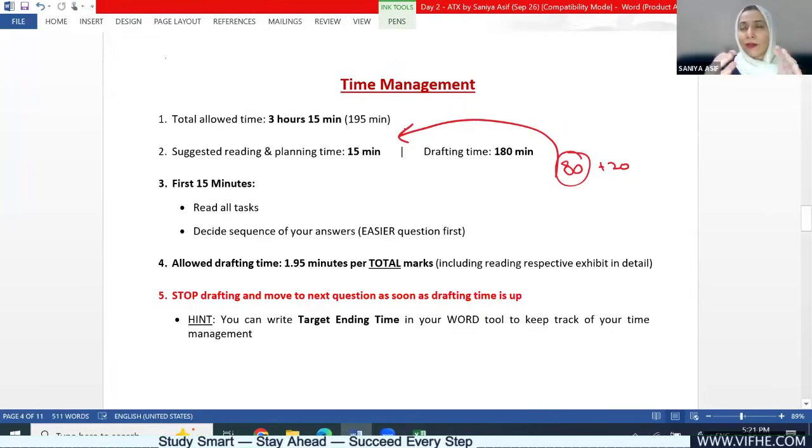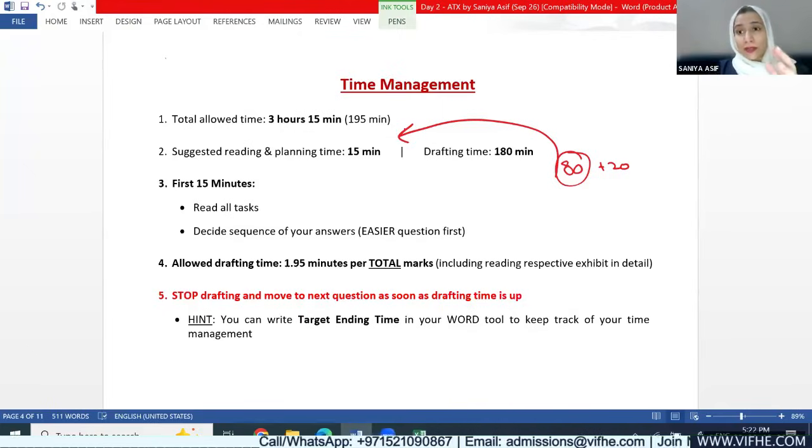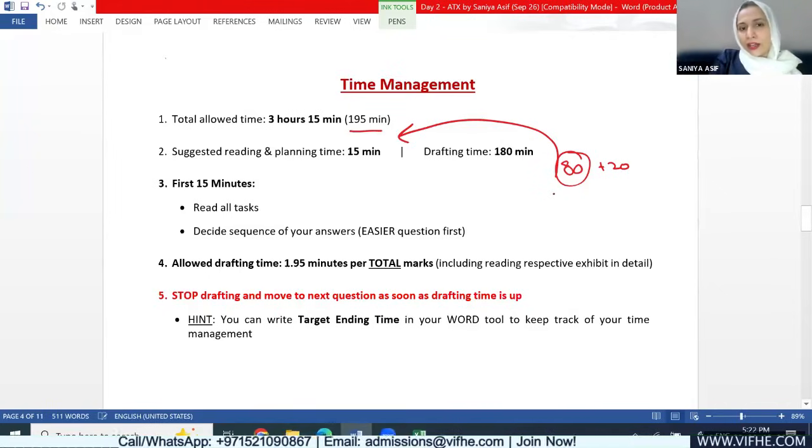And while you are writing down the things the way your examiner wants, this is how you will be securing professional marks as well. So you have more than 2 minutes in order to deal with a certain mark. Apparently, it seems very lucrative that you have approximately 195 minutes to deal with 80 marks.